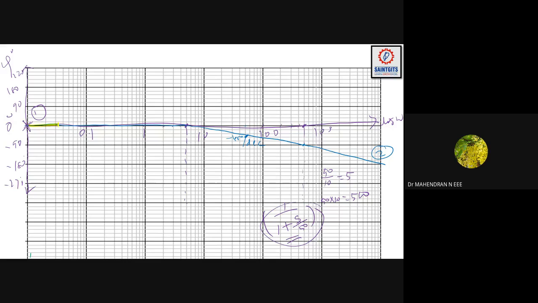So the phase plot will be like this, and this will be your phase plot of G of S. So this is the way to draw the phase plot of the given system.